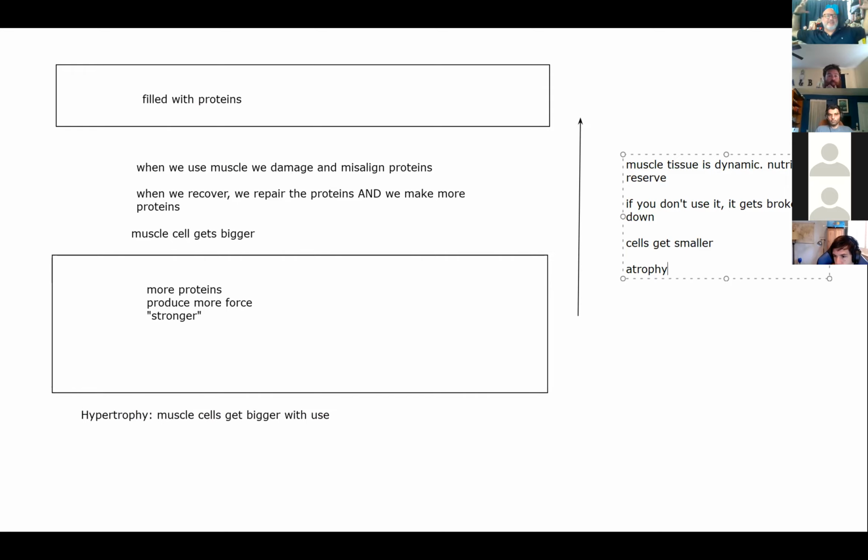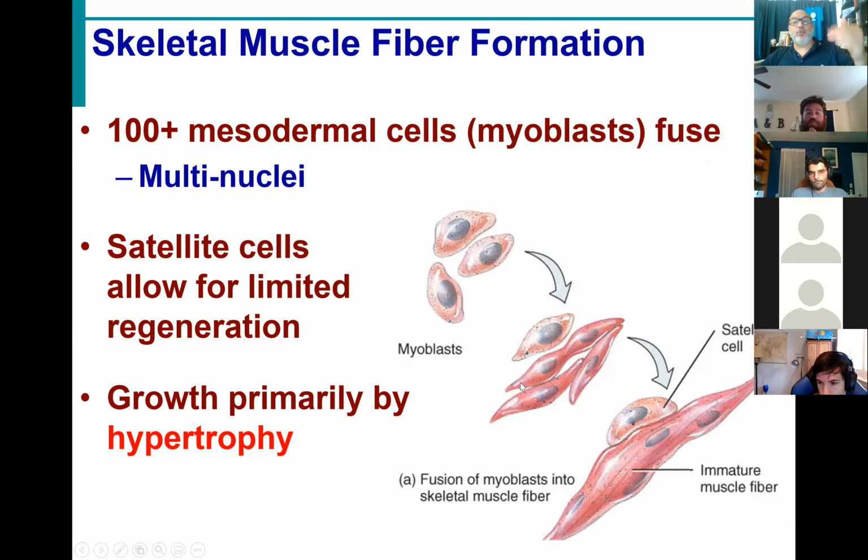And with that extreme muscle use, is there some making of new muscle cells that takes place? Yeah, absolutely. But that is what we call hyperplasia, where we're adding new muscle cells. But that is not the normal way we make muscles. We add to our muscles by hypertrophy, not hyperplasia. Hyperplasia is adding new muscle cells.